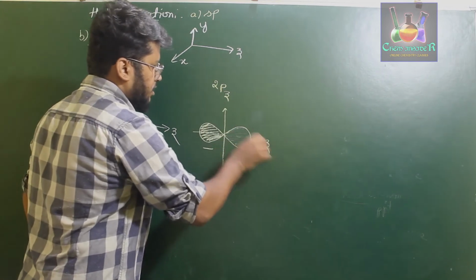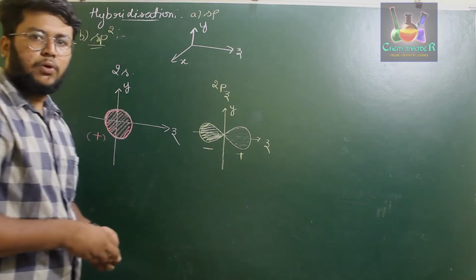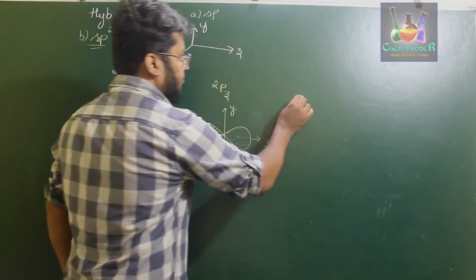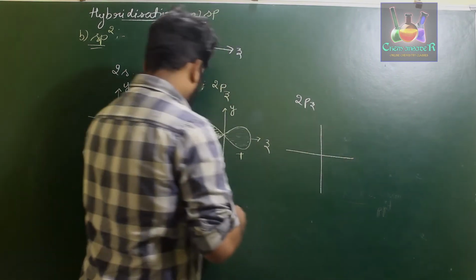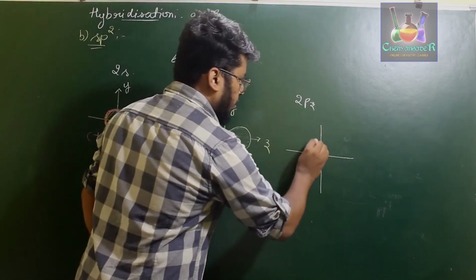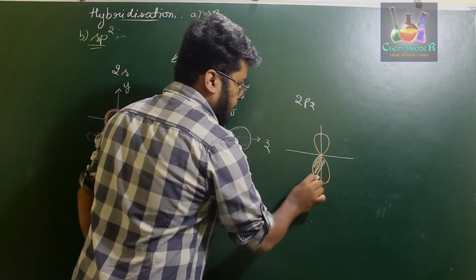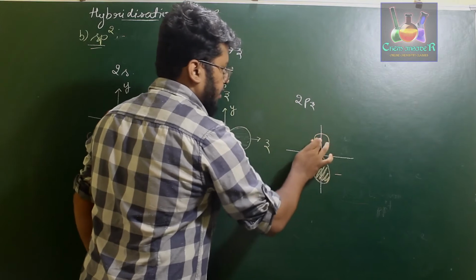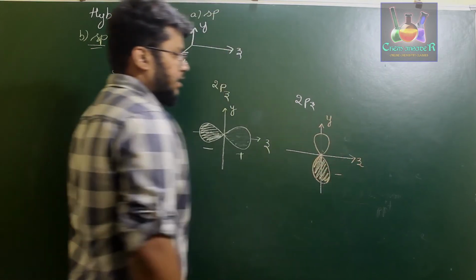So this is the z axis, y axis. Now you need to consider one more lobe, in the 2py orbital, which has an orbital lobe in this particular direction. So let this be the negative end and this be the positive. So this is the y axis and this is the z axis.